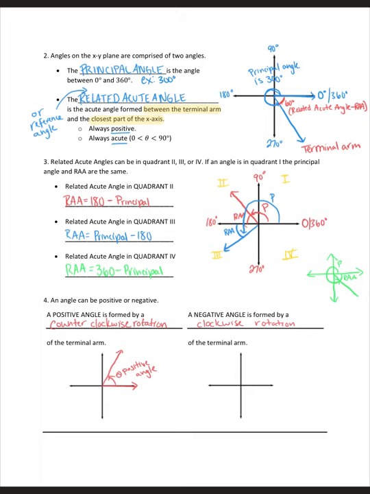If we wanted to look at it in terms of a negative, if we drew our initial arm again along our x-axis, and then we rotated in a clockwise rotation, somewhere over here, let's say, is our terminal arm. So we went from our initial arm clockwise to this terminal arm, then we'd say that theta is a negative angle.